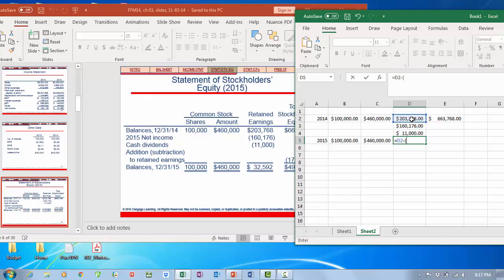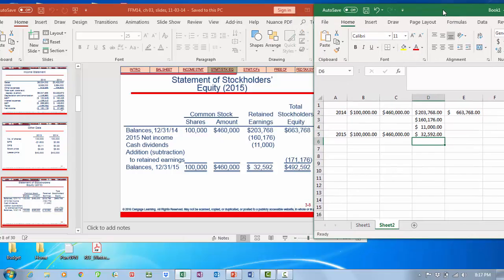So let's deduct that amount. All right, there you go, 32,592. Obviously, that's not good because your cash in hand or the retained earning is now gone substantially down.